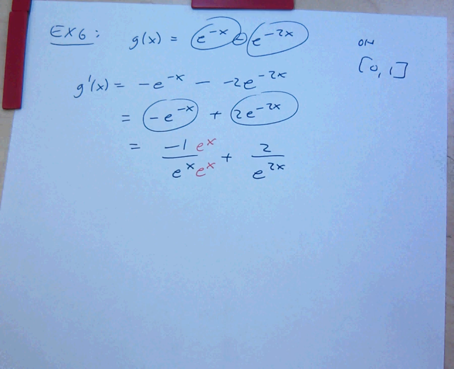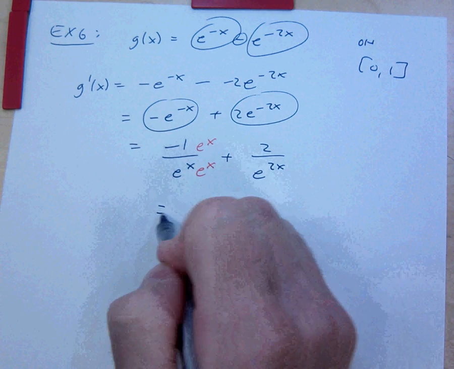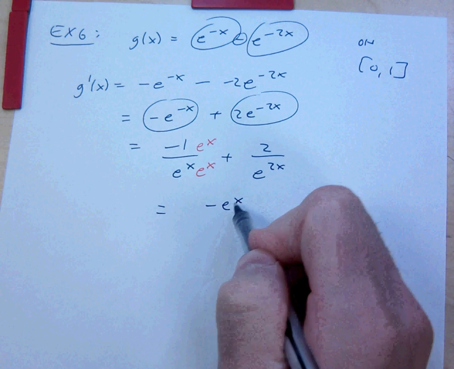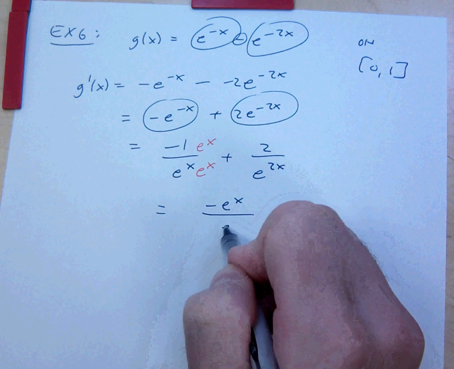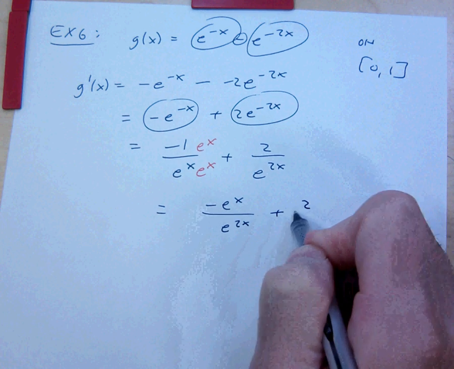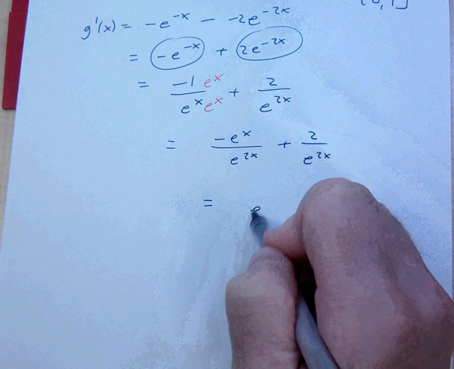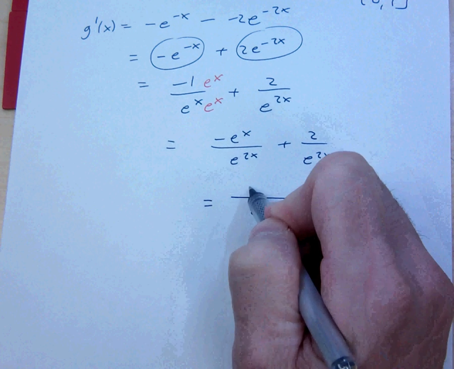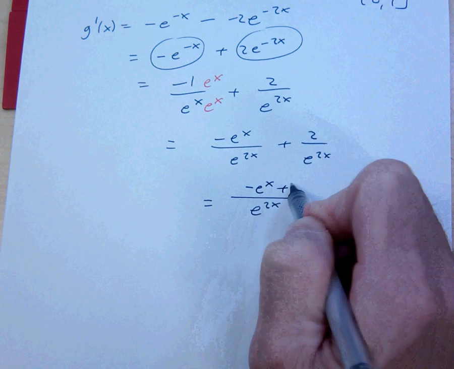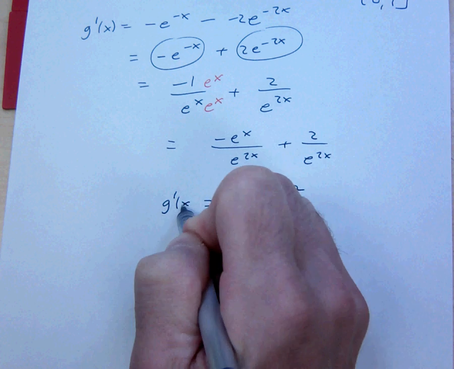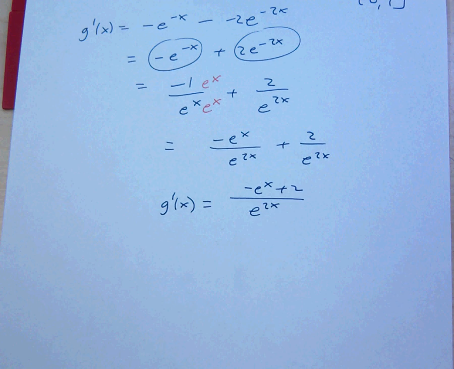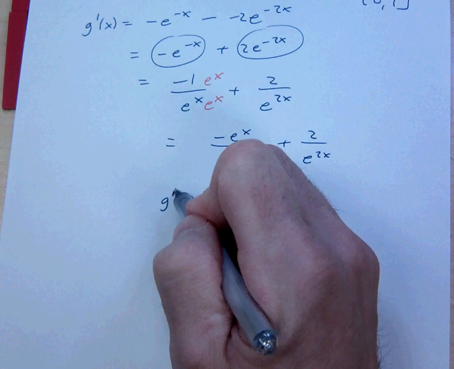See how I'm doing this? And once you get a common denominator, can I just bring them together under one fraction then? Okay, any questions on how I got to there? Everybody agree that's the derivative?